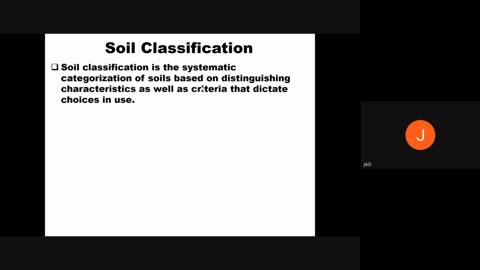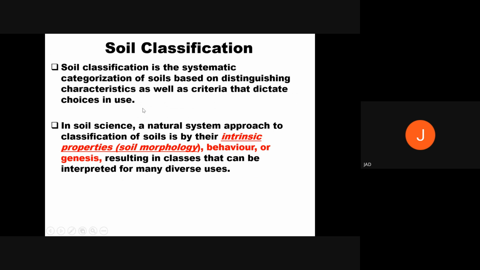Then as we go along, you realize that in soil science, a natural system approach to classification of soil is normally used, and this is based on their intrinsic properties. That's morphology, the nature of the soil, sometimes the behavior.